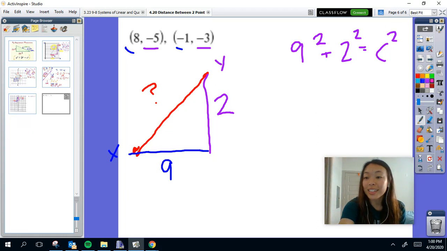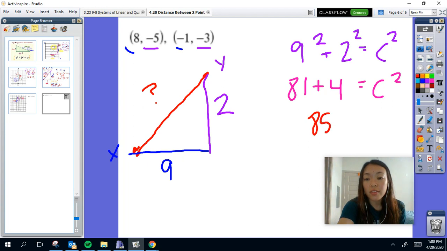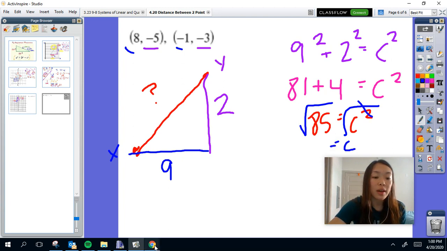Let's do this in our heads. 9 squared is 81. 2 squared is 4. 81 plus 4 is 85, which equals c squared. Take the square root to get c by itself. My c value is the square root of 85.